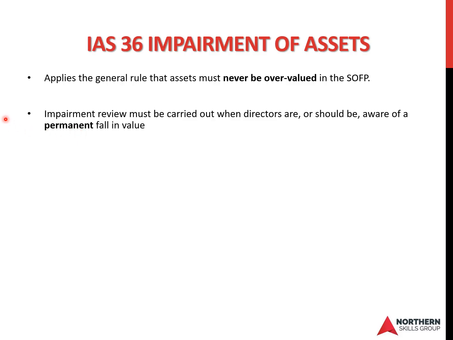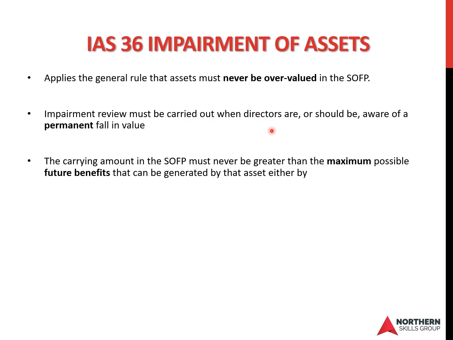But anything that means the assets are going to be worth less than their figure in the statement of financial position means the directors are obliged to carry out an impairment review of the assets, because remember, the assets can never be stated in the statement at more than the value of the future benefits that are going to be derived from them.